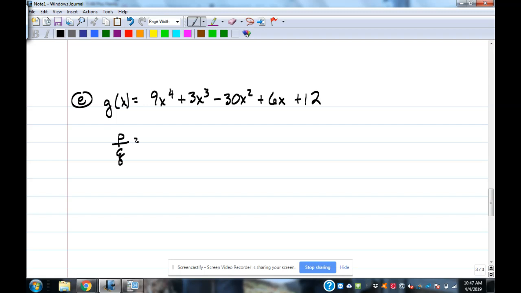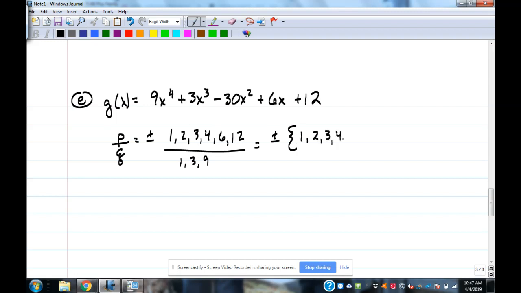So P over Q. Factors of 12 would be 1, 2, 3, 4, 6, and 12. Factors of 9 are 1, 3, and 9. So our P over Q list is going to be all of those 1, 2, 3, 4, 6, and 12.